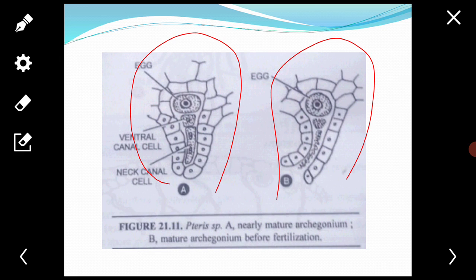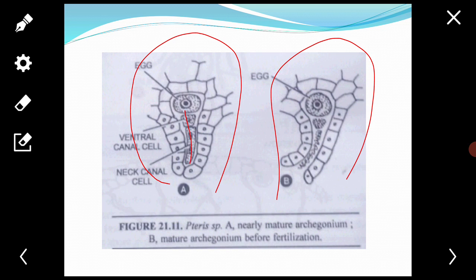The neck of the archegonium is projected above the surface and it is curved towards the posterior end of the gametophyte or prothallus. The neck consists of four vertical rows of cells. Each row has 3 to 7 cells.